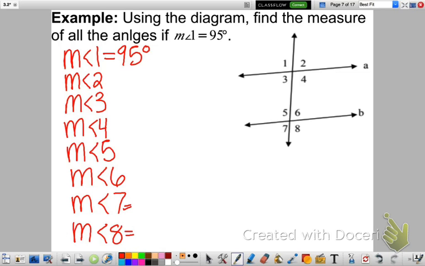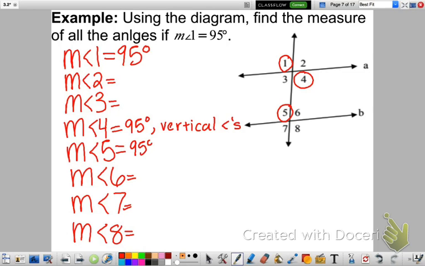But from these rules and theorems that we just set up, we can figure something out. 1 is going to be congruent to 4 because they are vertical angles. 4 will be congruent to 5 because they are alternate interior angles.